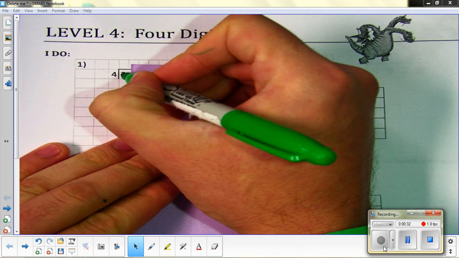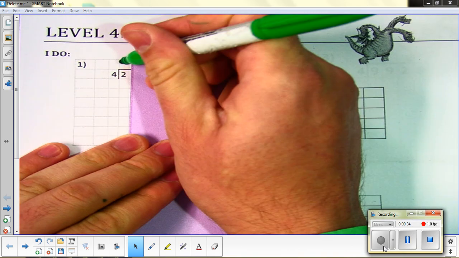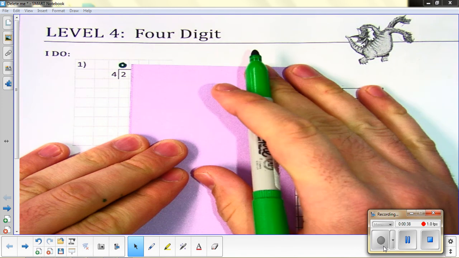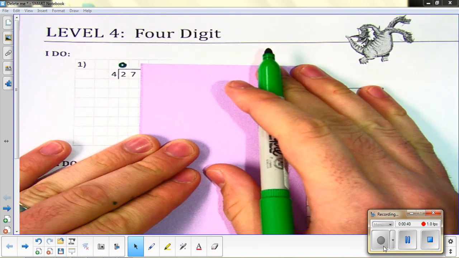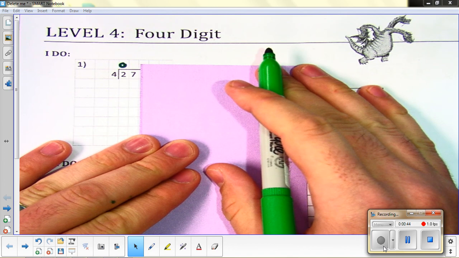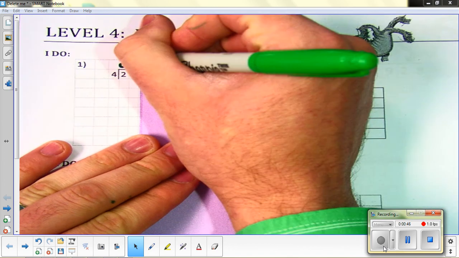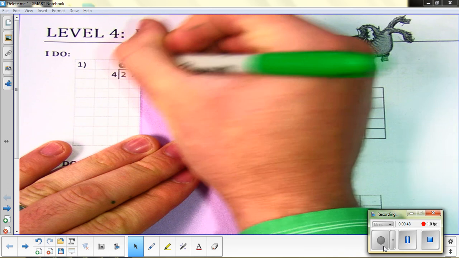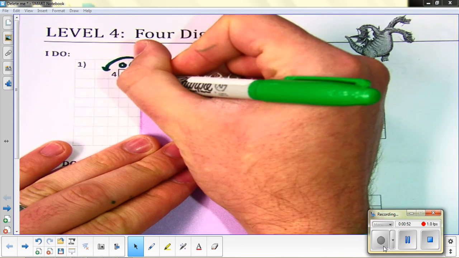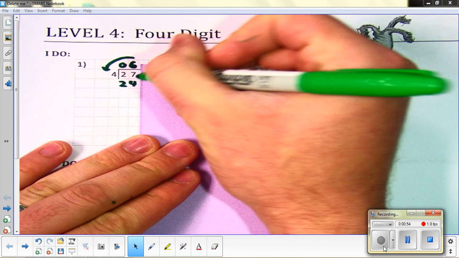4 does not fit into 2. Four goes into 27 6 times. Multiplying around, I get 24.